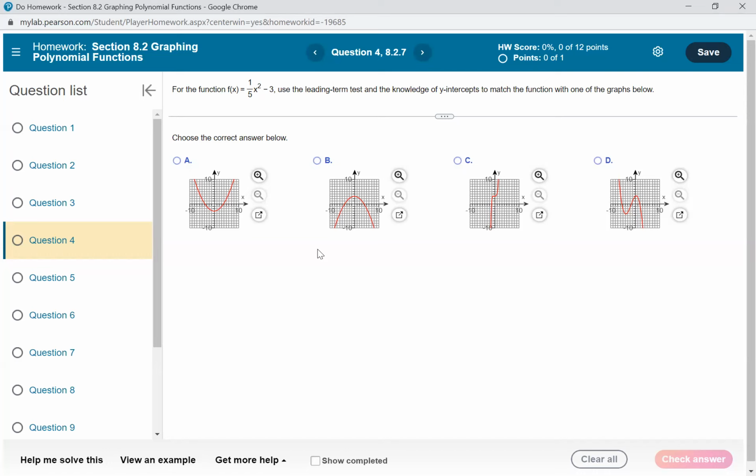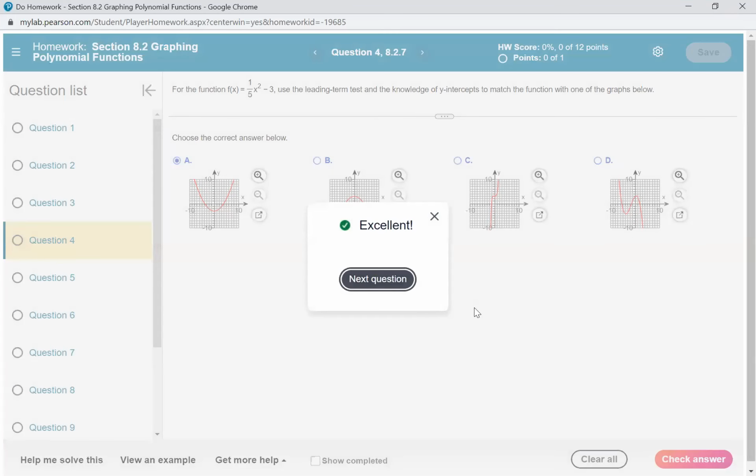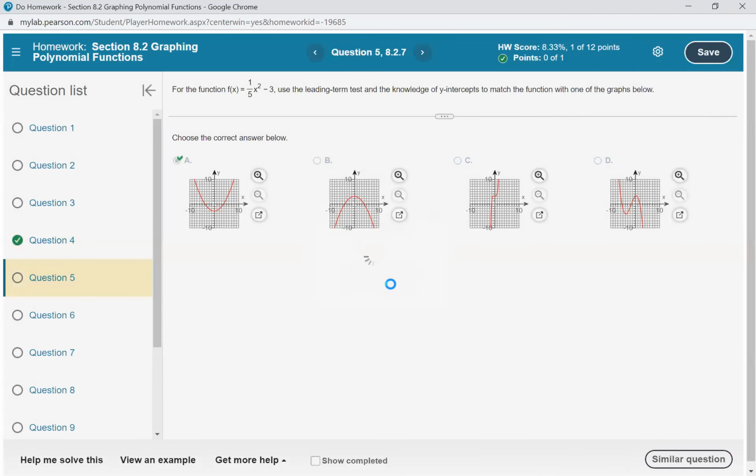That 1/5 is positive. So when we had a positive lead coefficient and an even degree, would we pick A, B, C, or D? A. A, because both ends have to go uphill, and then it was a positive lead coefficient. So then we check that and go to the next one.